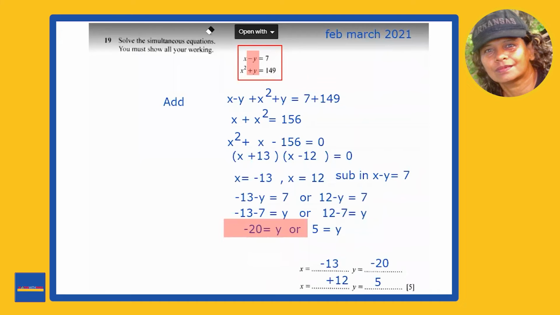So here we have x is minus 13 and y is minus 20, and x is 12 and y is 5.